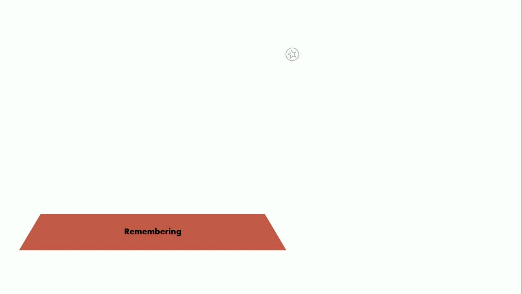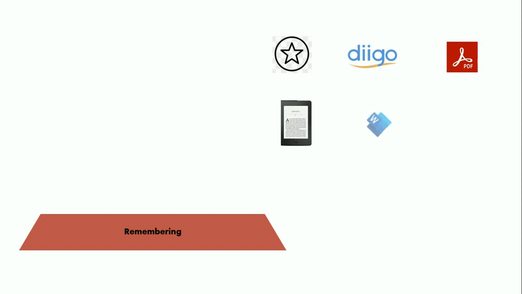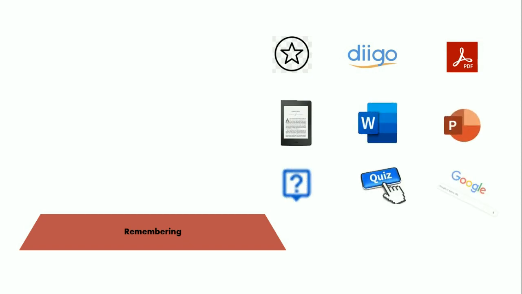The first one is remembering. We can help the students by sharing the content in the form of a PDF, PPT or ebook. The teacher can check recalling ability by conducting quizzes, asking short questions, or using Google Classroom.